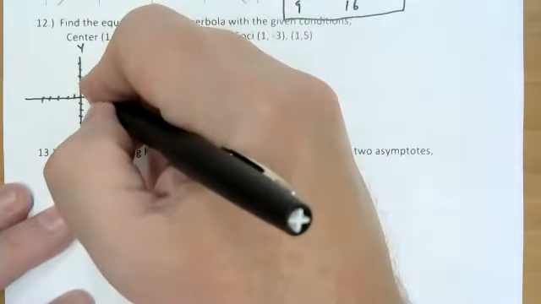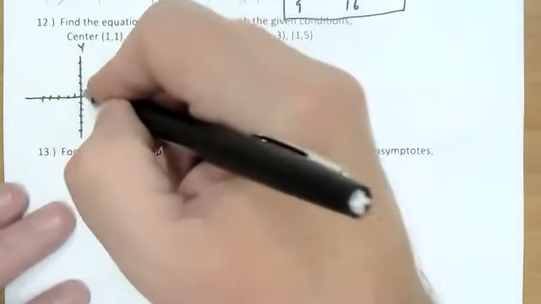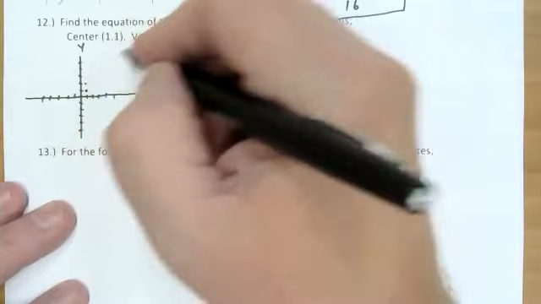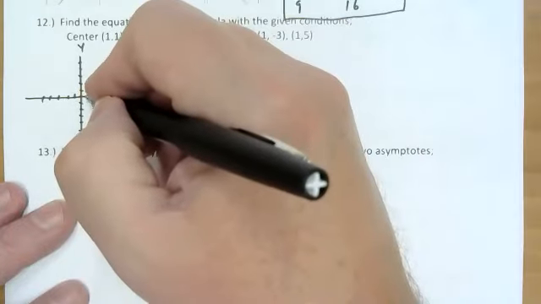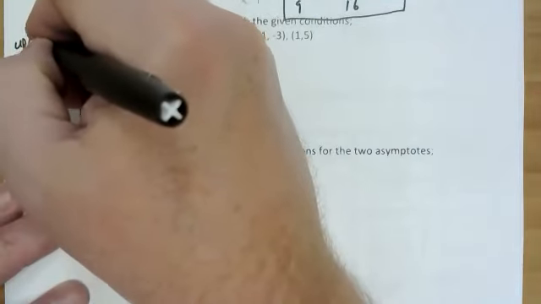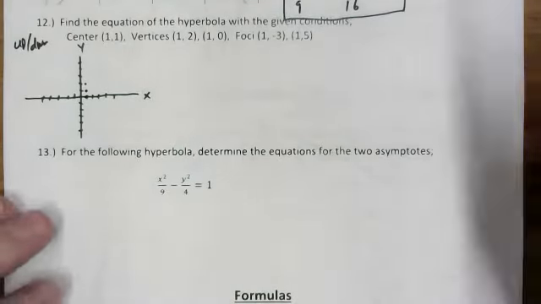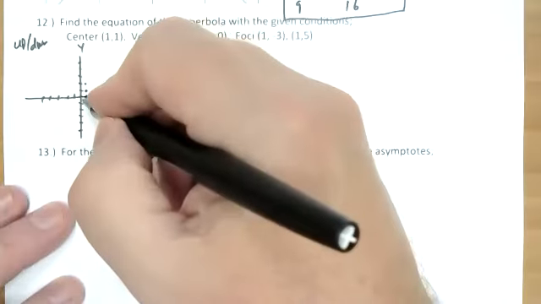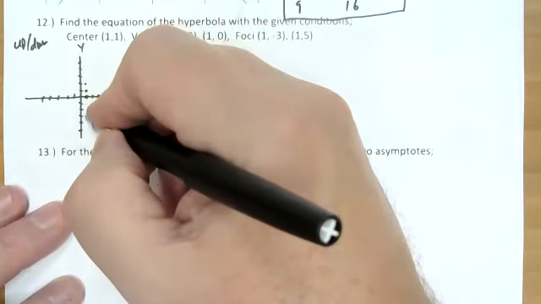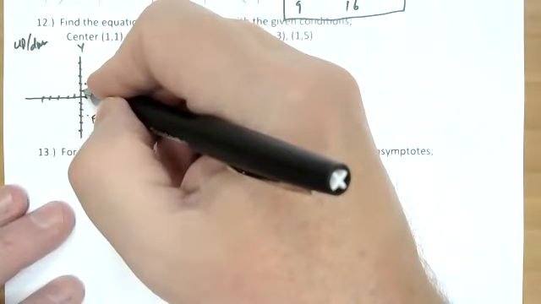Center 1, 1. So the vertices 1, 2, and 1, 0. So obviously, if these are the vertices, I know it's going to be an up or down hyperbola. Foci 1, -3 and 1, 5.